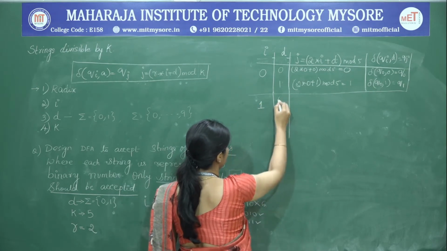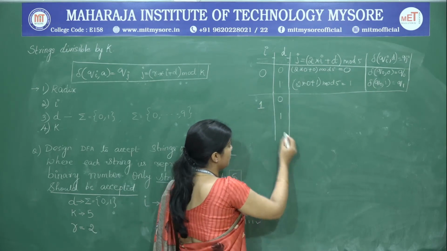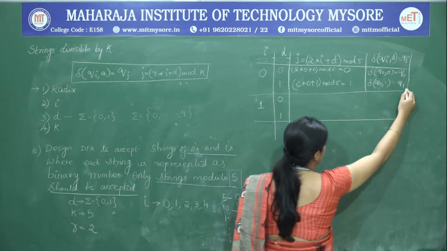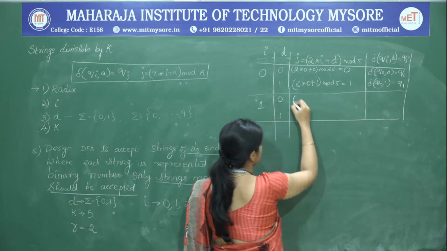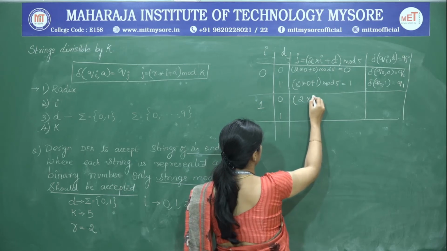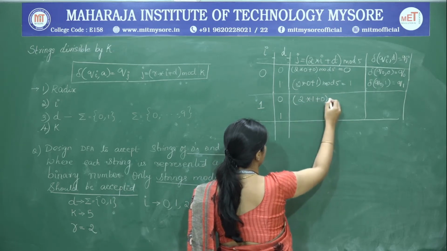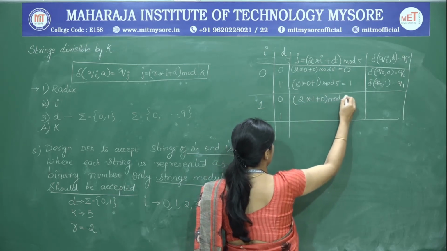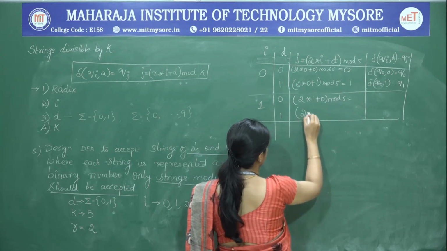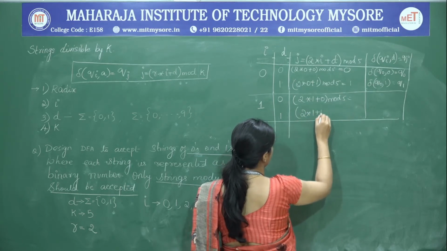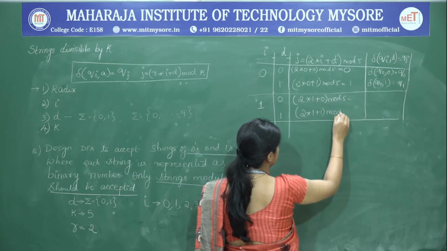We'll take the state 1, again find out the transitions on both the input symbols 0 and 1. So this is 2 multiplied by 1 plus 0 mod 5. Next is 2 multiplied by 1 plus 1 mod 5.